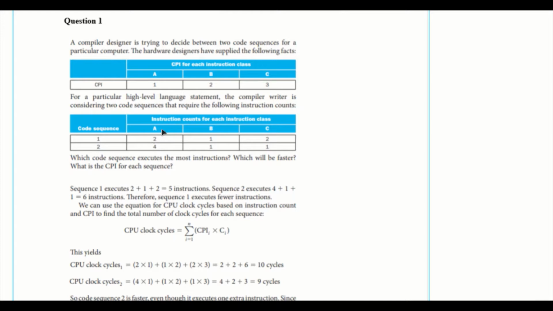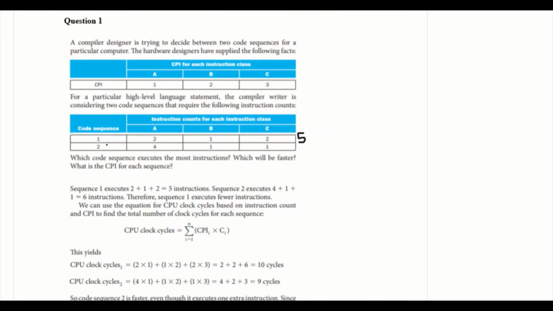It contains 2 instructions of this type, this type may be a load instruction, 1 instruction of type B, and 2 instructions of this type. So totally there are 5 instructions in program 1. Totally how many instructions in program 1? 5 instructions, 2 plus 1 plus 2.